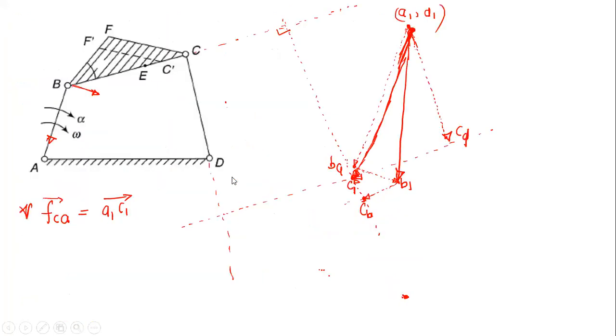Now let us move ahead and try to find out the velocity of this point E. Now I'm interested to find out the velocity of point E. So how can I do this? Can anyone just tell me how to find out the velocity of point E?